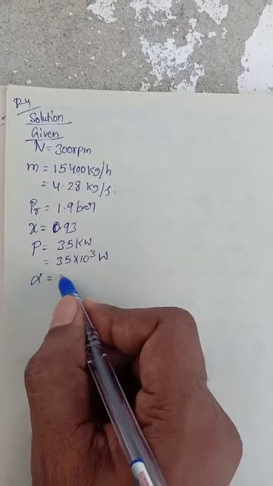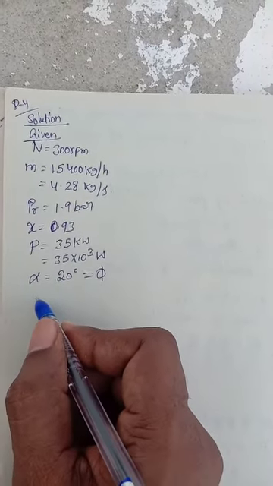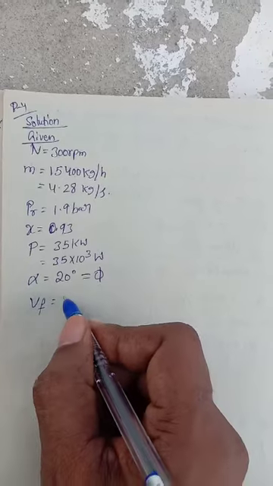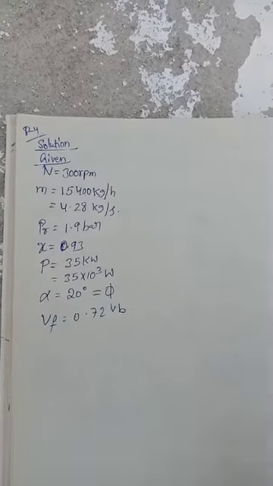Now alpha is equal to 20 degrees. Vf is equal to 0.72 VB. So this is the given data.